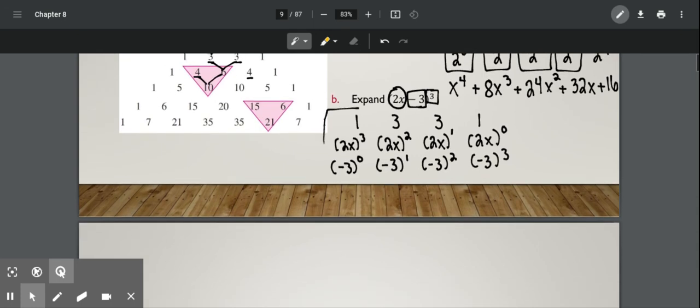And then if you start multiplying in your columns, you have 8x cubed for your first one. And then you'll have 3 times 4 times -3. Or you could think 9 times 4, which would be 36, and it's negative. So we're going to have negative 36x squared.